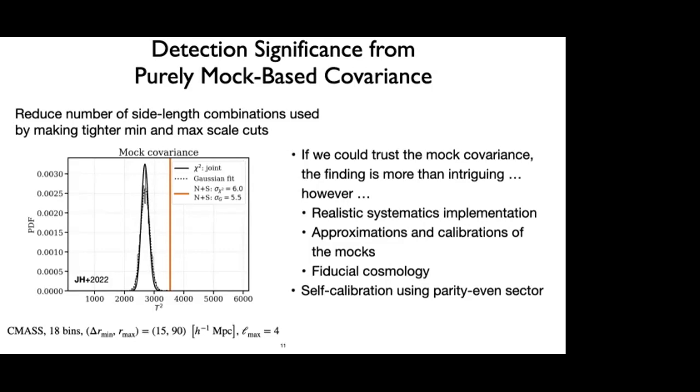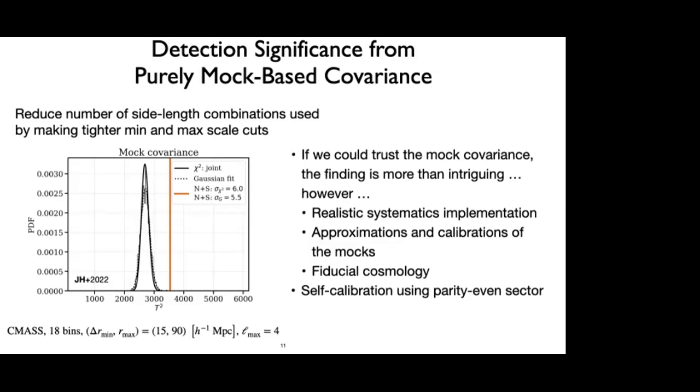Then there is also a question about our choice of fiducial cosmology. We did some tests by changing the omega matter by around 3 sigma of the Planck error bar, and saw that this was also not enough to explain the detection significance. Overall, these are questions that are not so straightforward to answer.